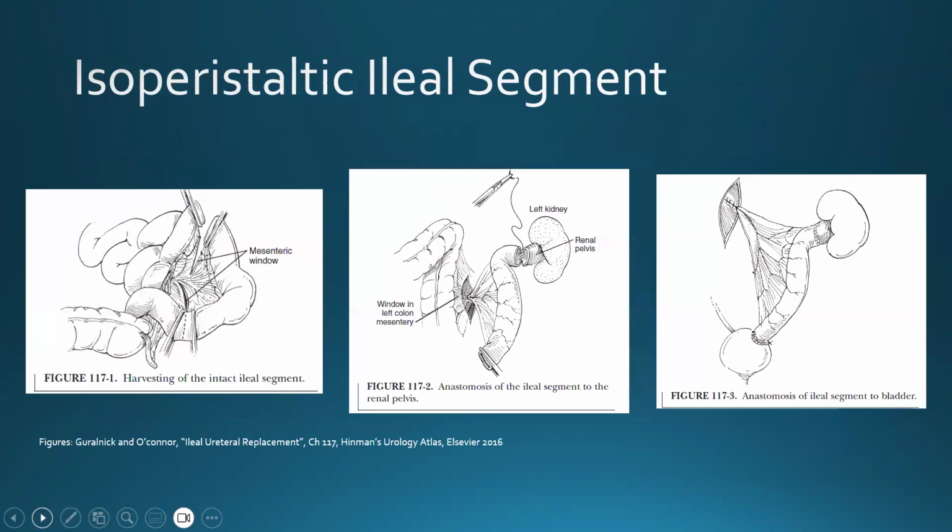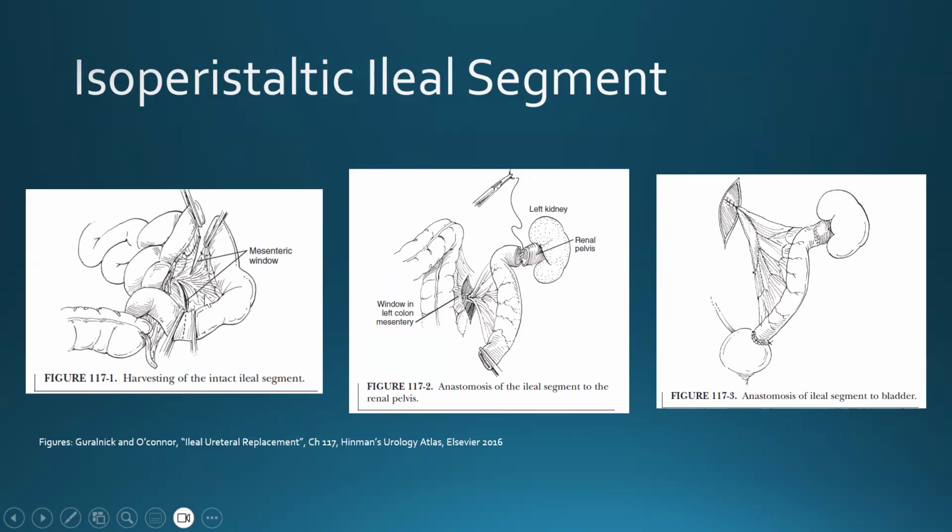And so this is an isoperistaltic ileal segment, and isoperistaltic means the peristalsis of the bowel segment that is utilized is in the same direction as the flow of urine. So it's essentially peristalting from the kidney down to the bladder. The blood supply of that bowel segment is maintained with the mesentery maintained.